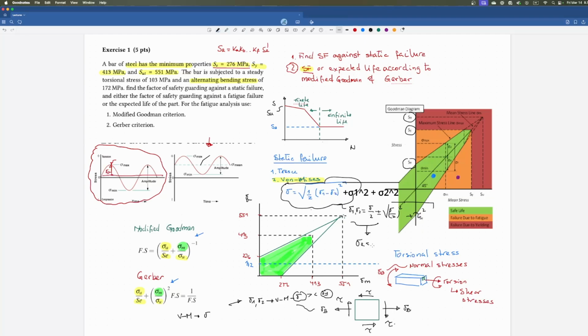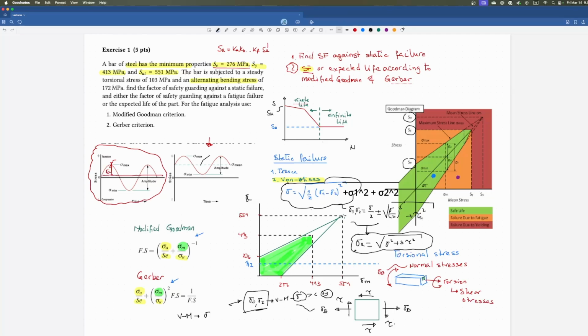Equivalent stresses according to von Mises, when you don't use purely the definition of principal stresses, is something like this. Let me see if I remember the formula correctly. So it's something like this one here plus this one here. This is going to give you exactly the same as this one here. But again, your main challenge in this task is finding out or deciding what the mean stress is, because the rest is given for you.